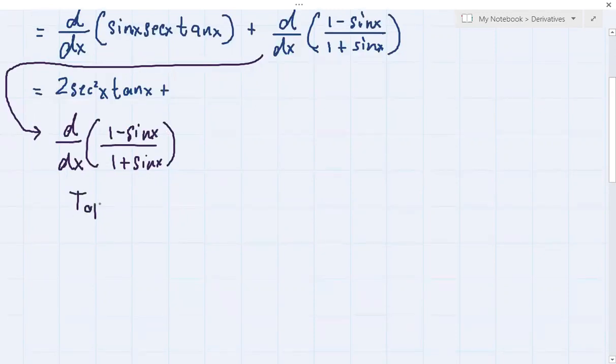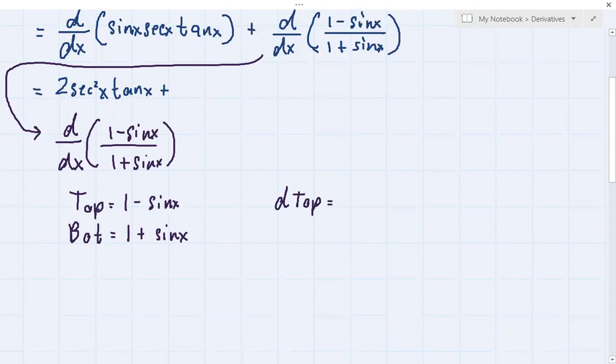So, the top, or the numerator, is 1 minus sine x. The bottom, or bot in short, is 1 plus sine x. So, let's get the derivative of the top. The derivative of 1 is 0, minus the derivative of sine x, which is cosine x.